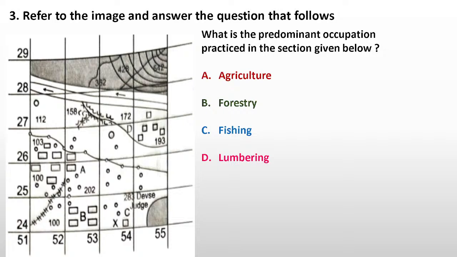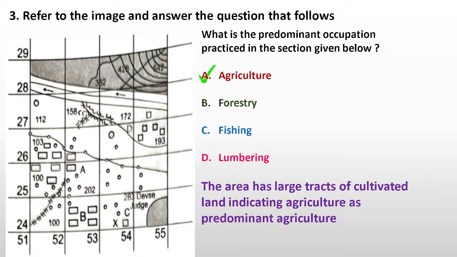And the correct answer for this question is A, agriculture. The area has large tracts of cultivated land, indicating agriculture as the predominant occupation.